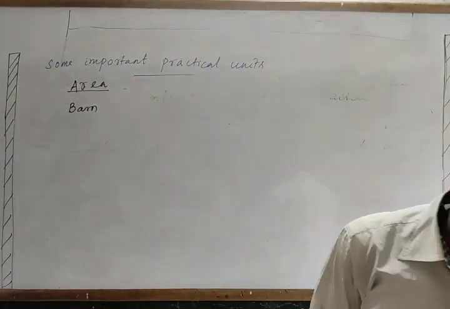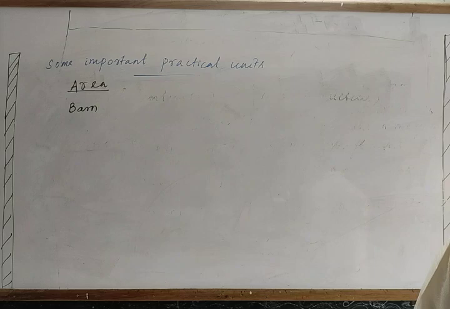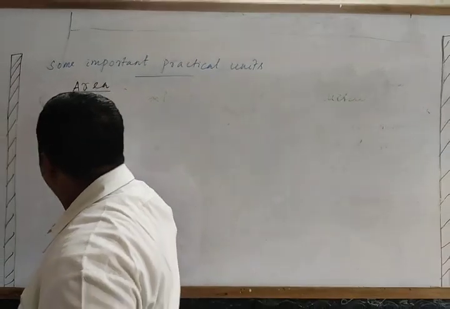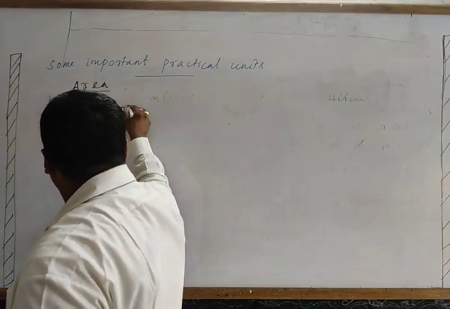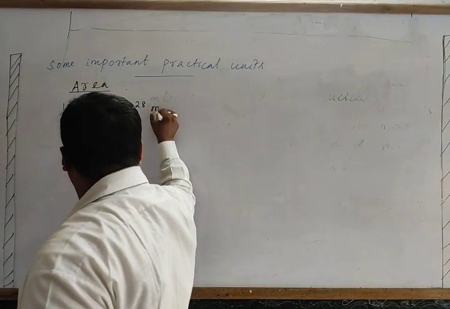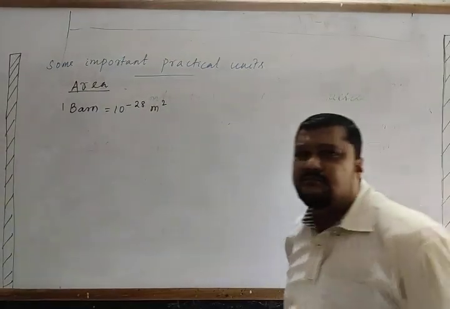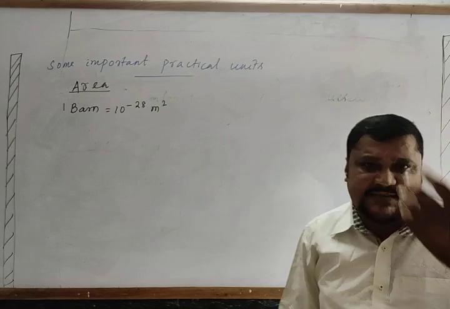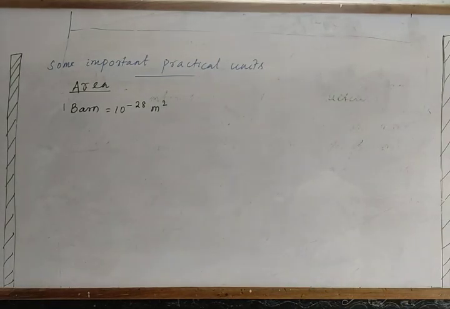So 1 barn equal to 10 to the power minus 28 meter square. Meter square is for area, but 1 barn in short form is 10 to the power minus 28 meter square.